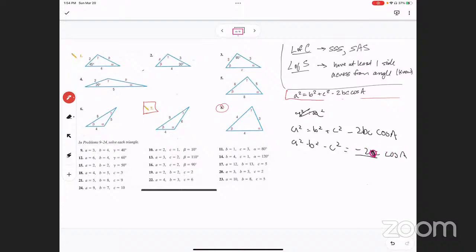So you can just basically divide both sides by minus 2bc.